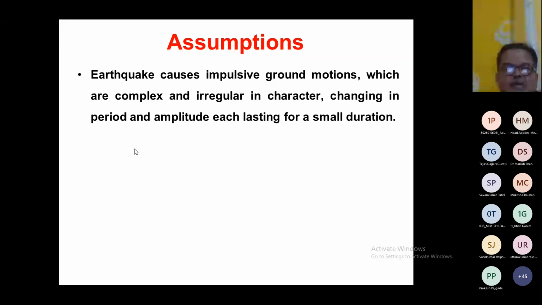Almost all 8 to 15 story buildings were either damaged or collapsed.